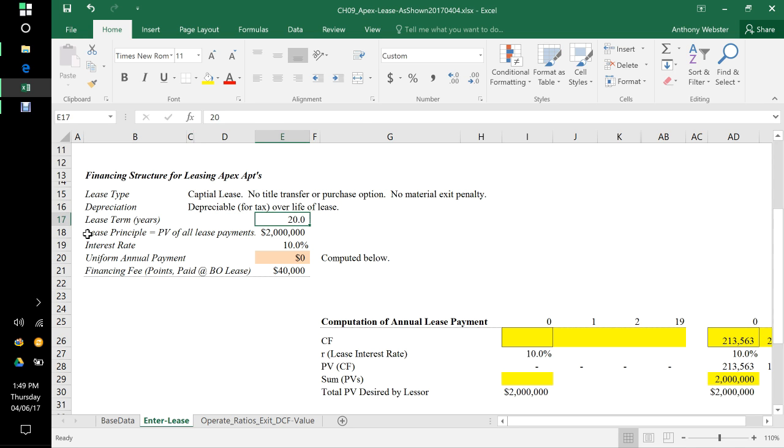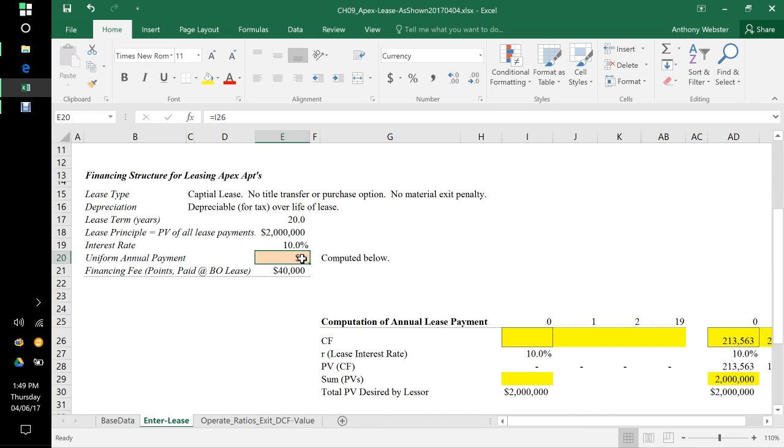And the principal of this lease, which is the present value of all the lease payments at the lessor's interest rate, is $2 million. And the lessor's interest rate is 10%. And the uniform annual payment we're going to figure out.